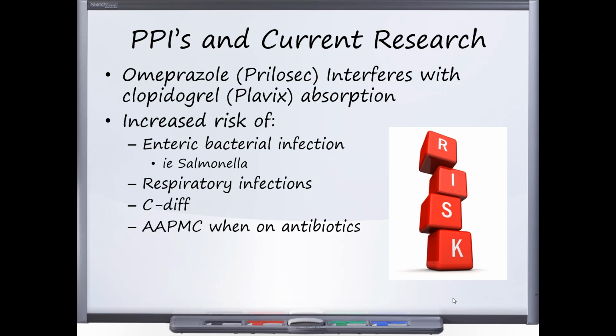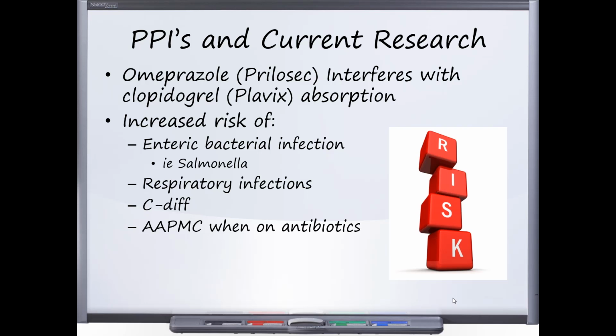The acidic environment of the stomach is known to be a natural barrier to infection caused by bacteria that we ingest, but I bet you didn't know that it also plays a role in the destruction of respiratory pathogens. Studies have linked all PPIs, not just omeprazole, but all of them, with an increased risk of a GI bacterial infection, in particular C. diff.